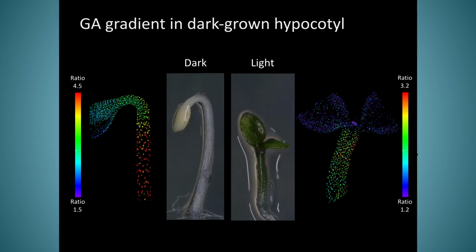And actually, if you plot the entire dark-grown hypocotyl and ask what the ratios are, you can see there's a very clear gradient of low ratios in the apical hook where cells are smaller, grading to higher ratios in the rapidly elongating region of the Arabidopsis hypocotyl in the dark.